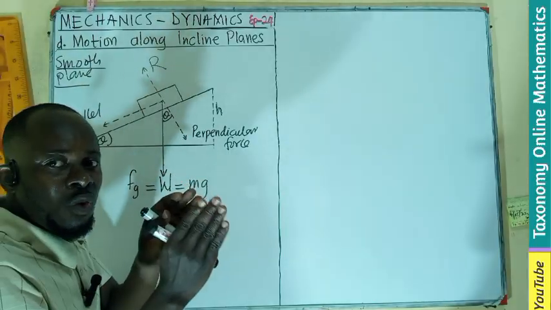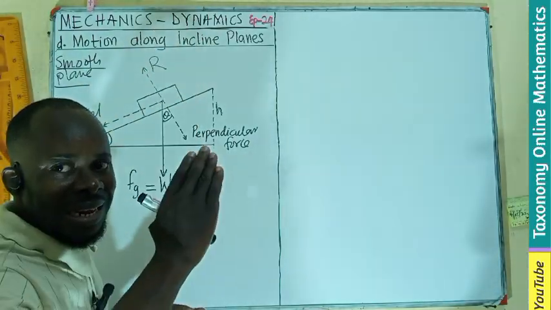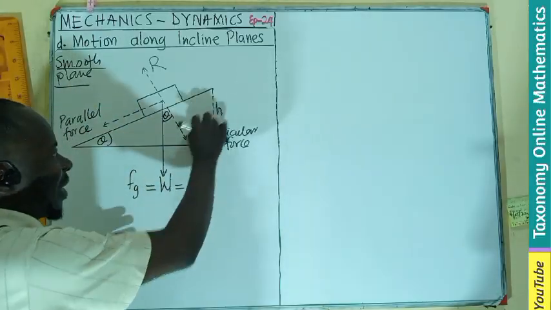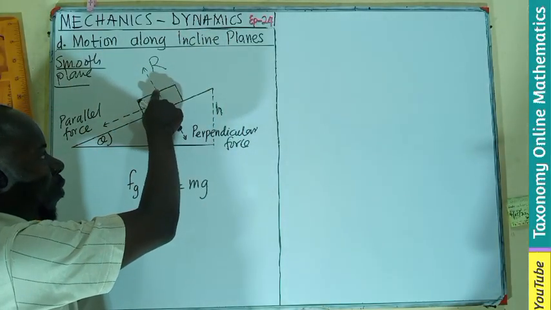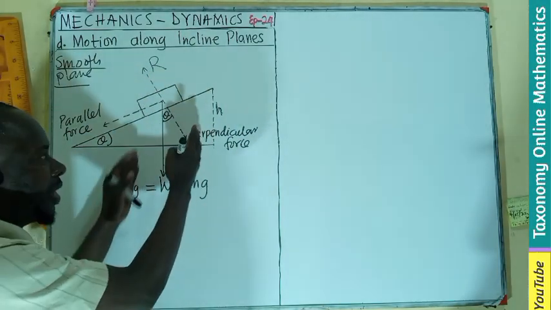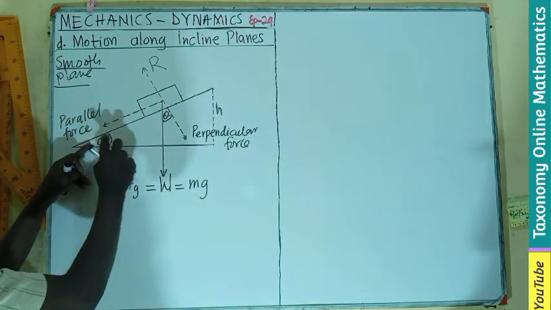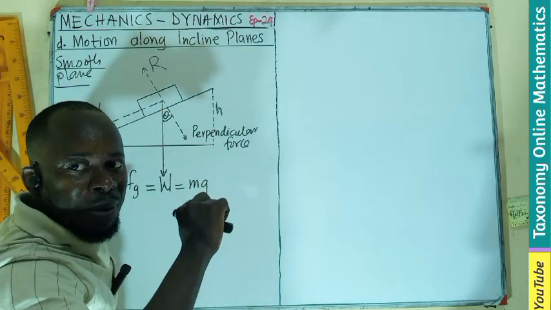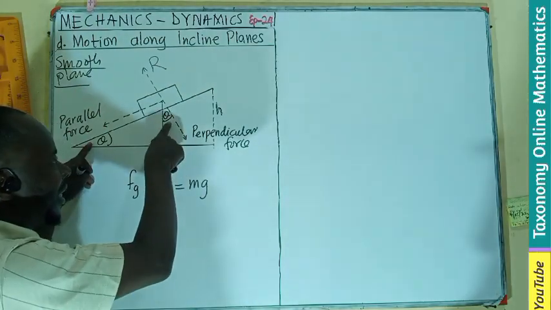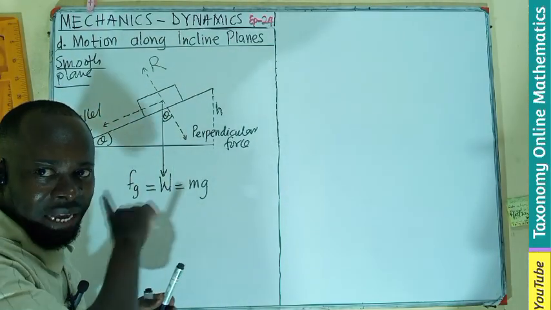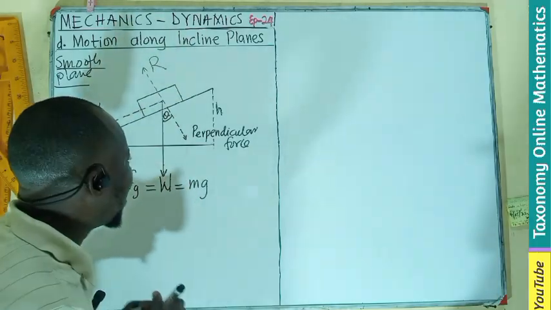The center of gravity shifts away, and that shift is equal to the angle that the plane is making. Hence, this angle is theta, and this angle is also theta. That's why the two angles are the same.